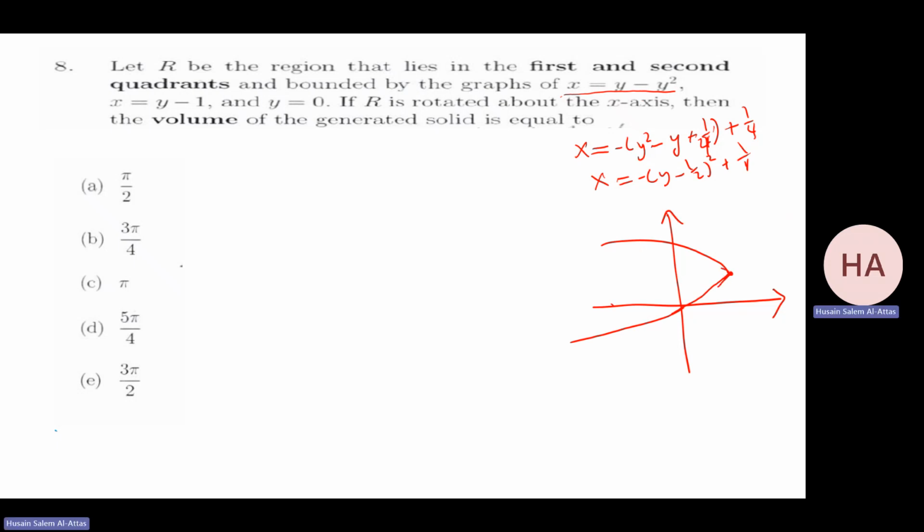Okay. I have x equal y minus 1. So if x is 0, y is 1.